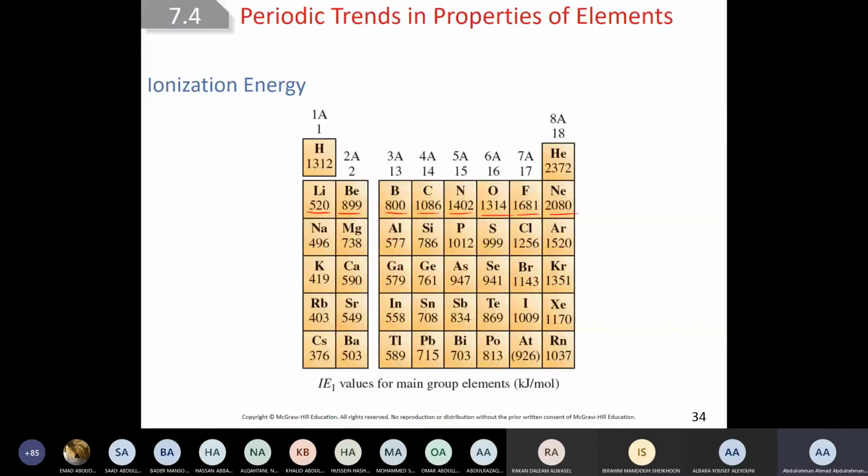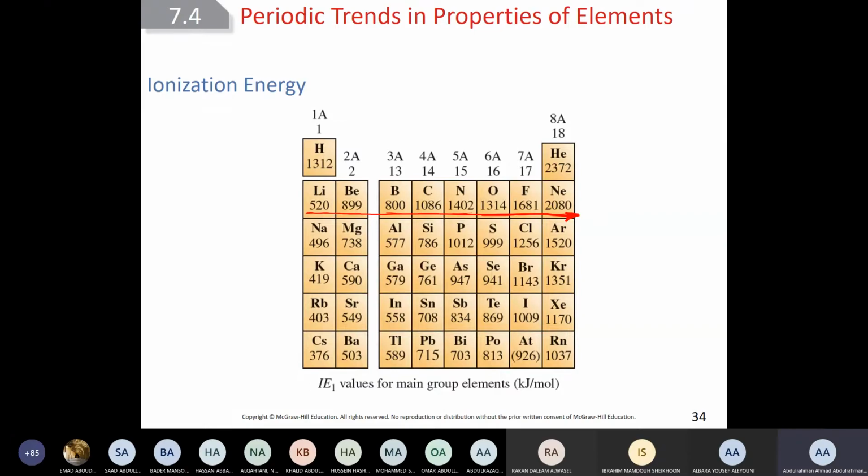As you go across, generally, what happens to the ionization energy? Increasing. Look at the numbers very well. As you go across, generally speaking, it is increasing.